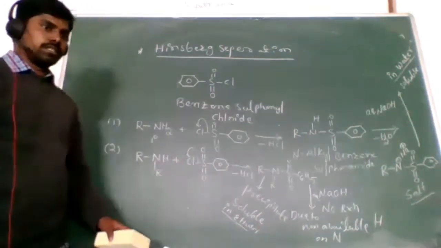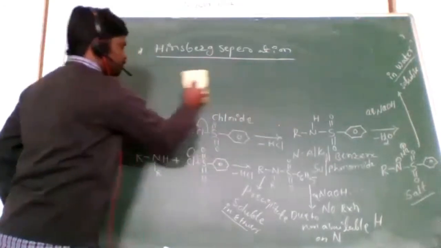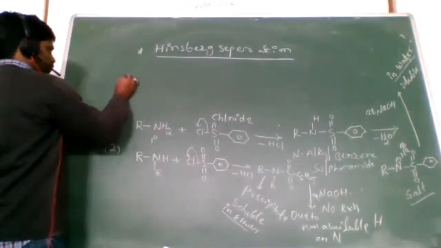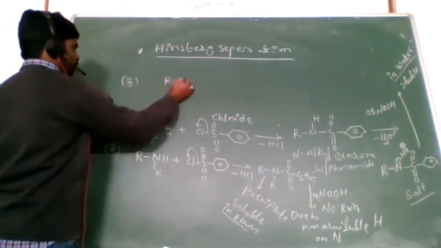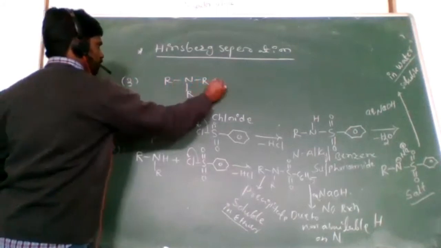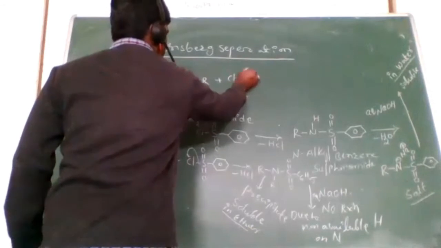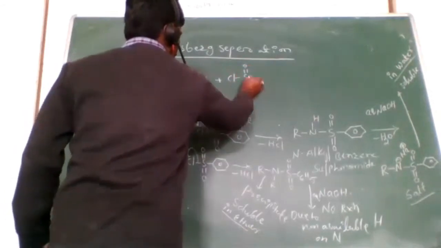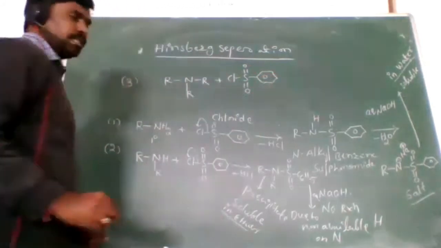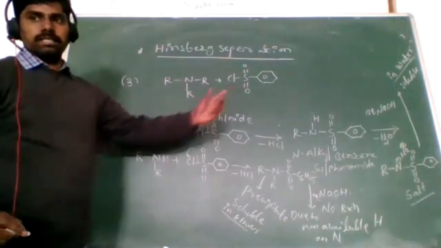Are you understanding? Right. Next, when you go for separation of the tertiary amine, I take the tertiary amine. This is R, N, R, R. Look here, Cl, S double bond O, and here is the benzene ring. This is the benzene sulfonyl chloride, the Hinsberg reagent.